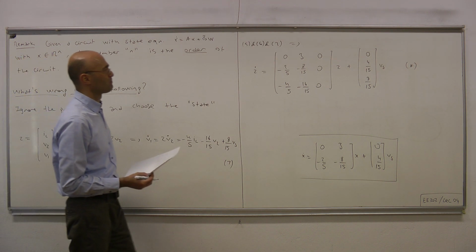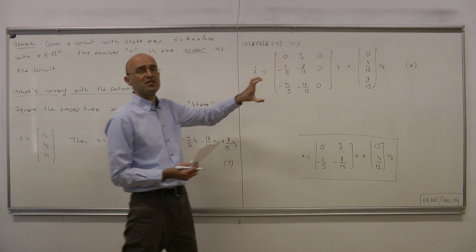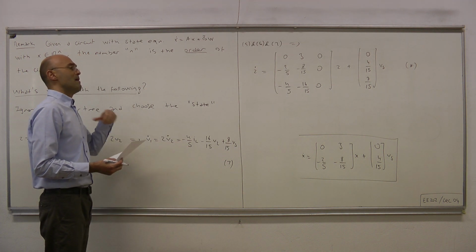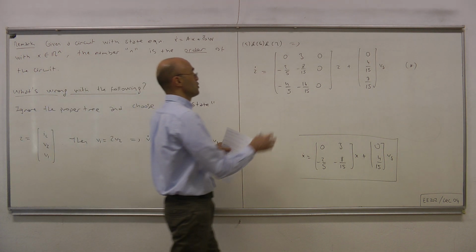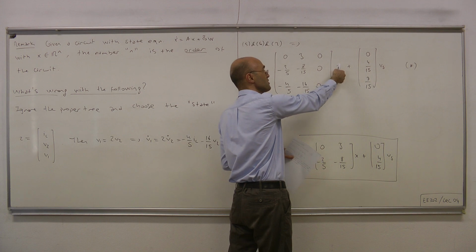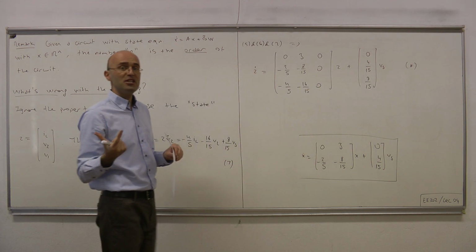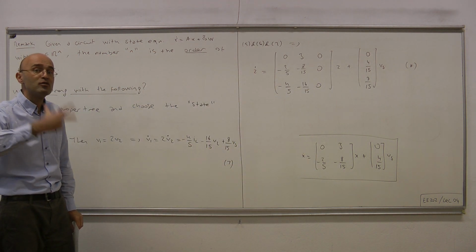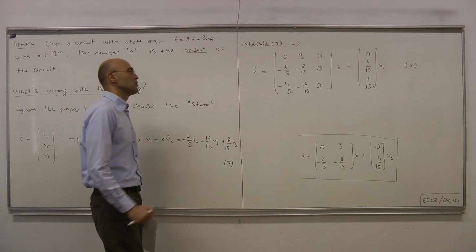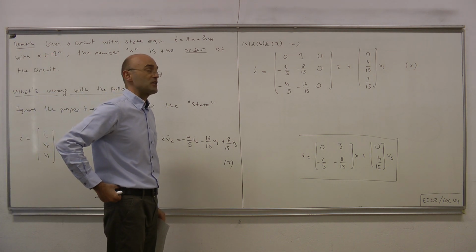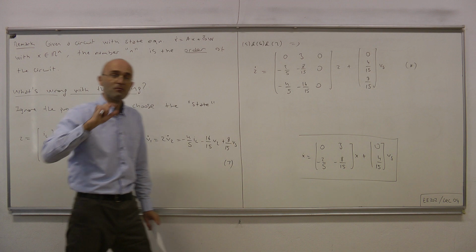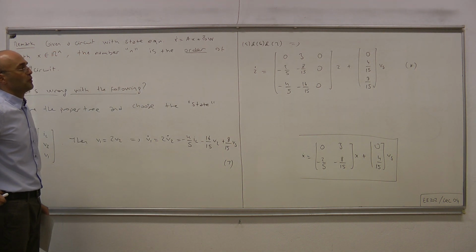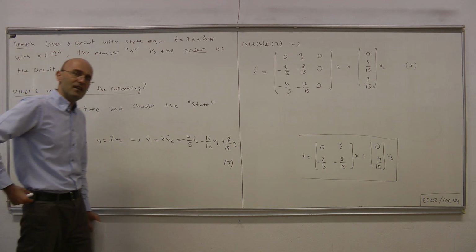In the sense that, if you consider this as the minimal representation of the circuit, then by definition, your circuit should be of order 3, because the state vector is of size 3. And that means, again by definition, that you can choose all 3 initial conditions arbitrarily, but that's not the case.